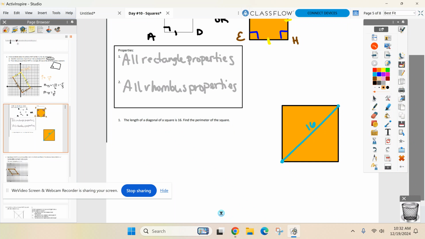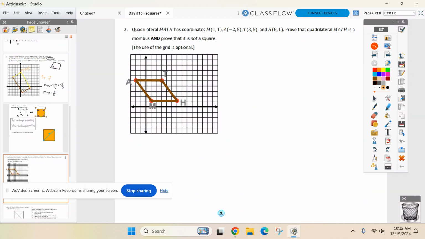Okay, it's all right. Label those vertices.